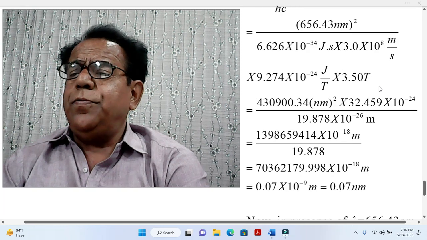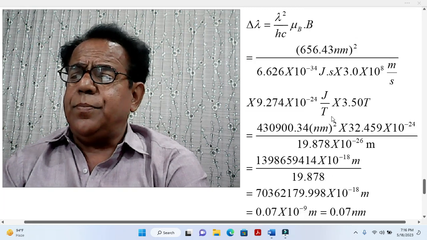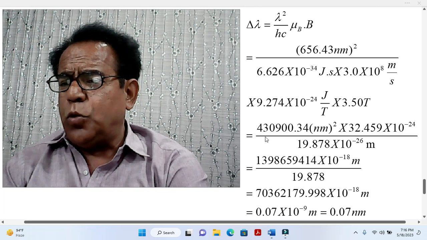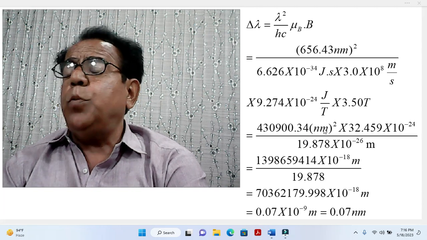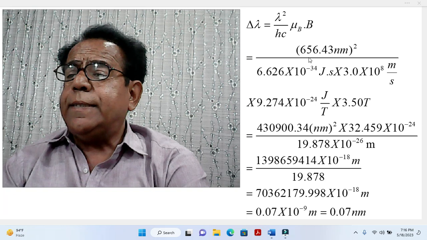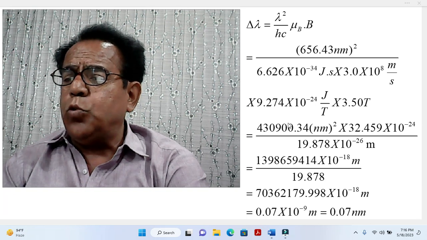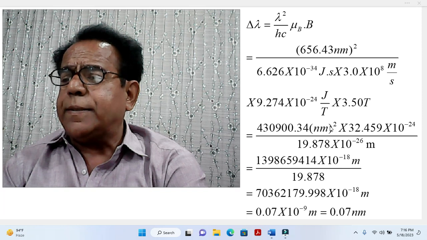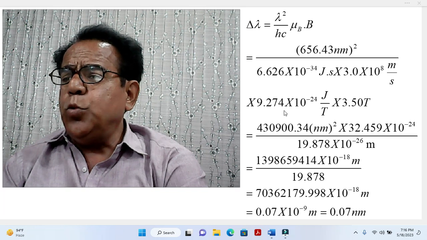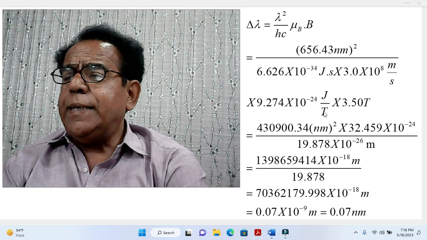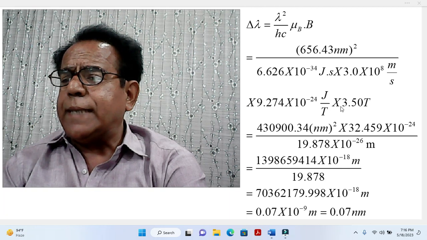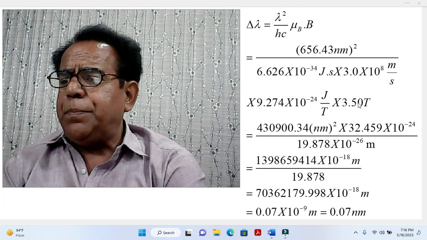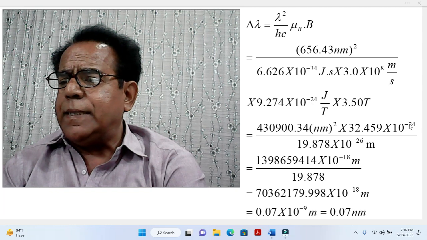So let us see what happens in the next step. The next step becomes equal to this nanometer square. Actually, square of this is equal to this, and square of nanometer is nanometer square. Here, dear students, Tesla will be cancelled with Tesla, and when this is multiplied with this, we will get this.